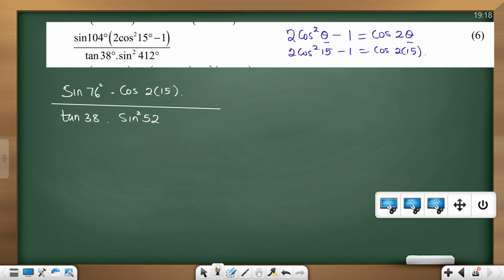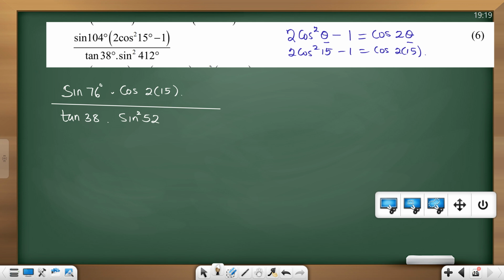Yes, we're going to use that. But hold on. Look at 76. I'll show you a little trick. I'll give you some guidelines. What is 38 times 2? 76. That's where your answer is.